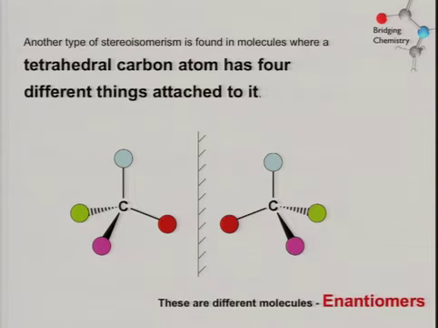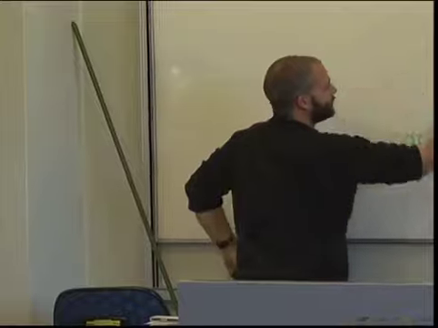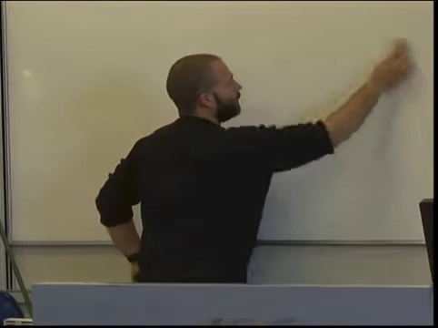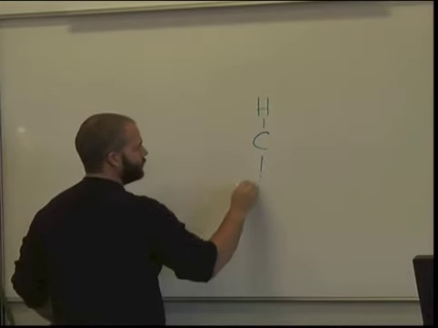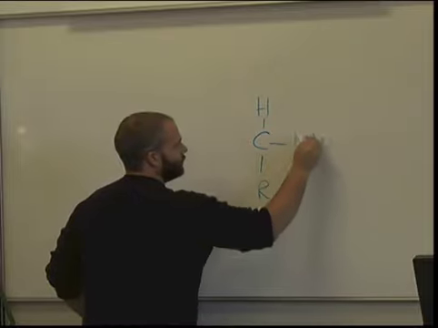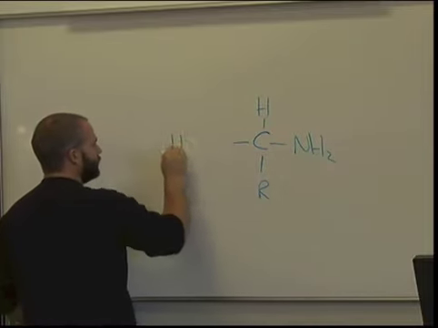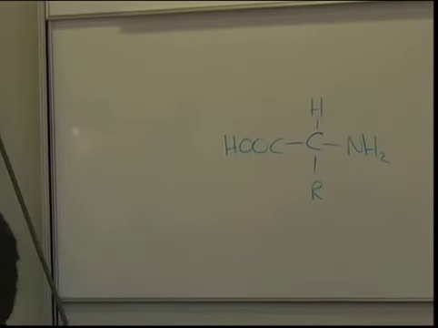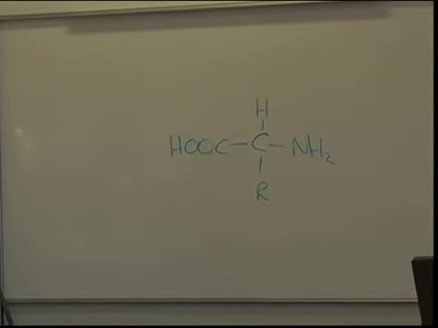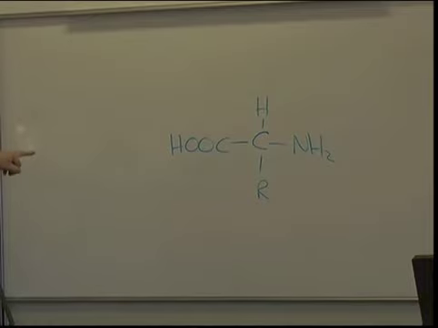And of course, the reason why this is very important in the sorts of things you're going to be seeing later in the semester, or the biological sort of chemistry, is that these molecules involve a carbon atom that's got 4 different things attached to it. Do we know what these are?